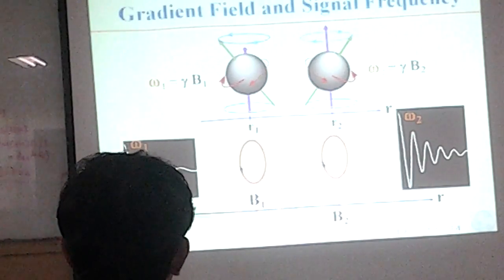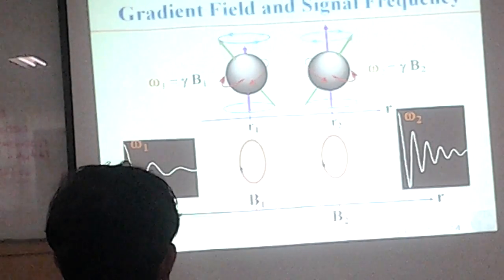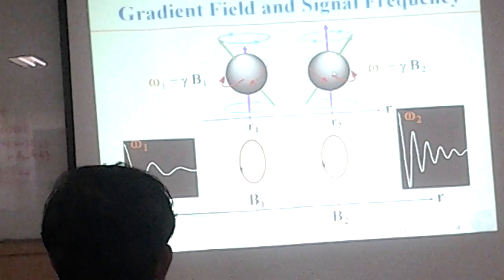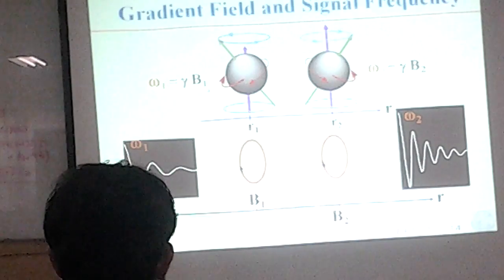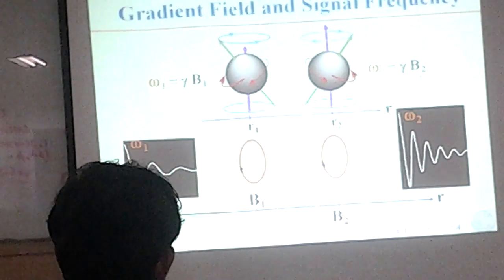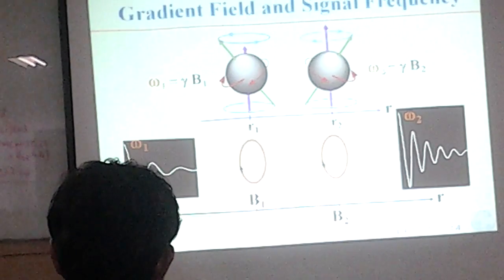By this linearly varying magnetic field, two nuclei experience different magnetic fields B1 and B2. So the two nuclei have different precession frequencies omega 1 and omega 2.